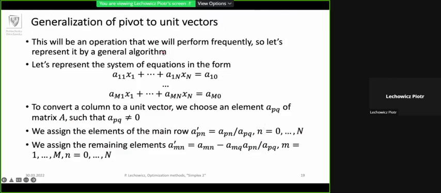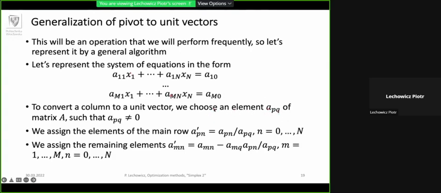And to generalize the process of pivot, because this is the operation which is performed frequently by the simplex algorithm, we can generalize it and apply it as a general algorithm. So let us represent the system of equations in such a form. And to convert a given column to a unit vector, we are choosing an element APQ.